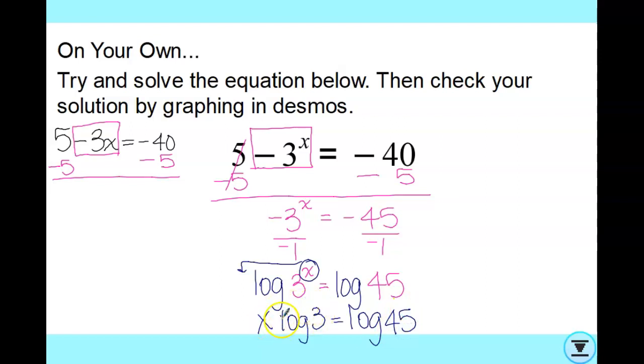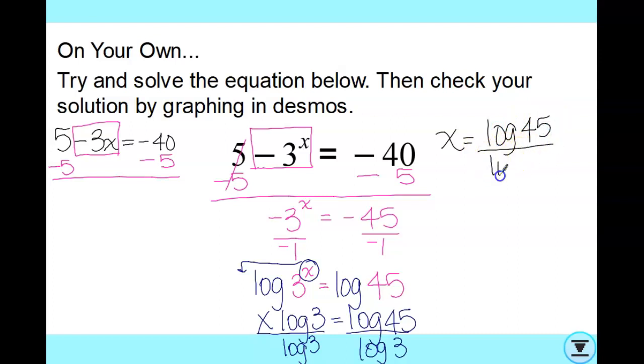And the way that we get rid of this log of 3 is just by dividing, because this is x times the log of 3. So to get x by itself, we need to divide by log of 3. And so we get x is equal to log of 45 divided by log of 3.